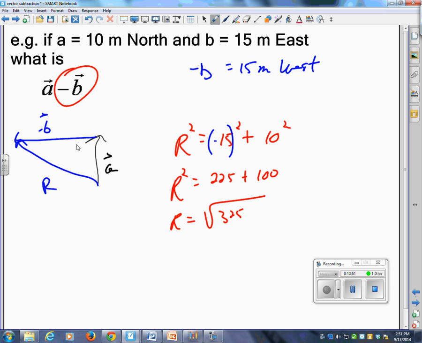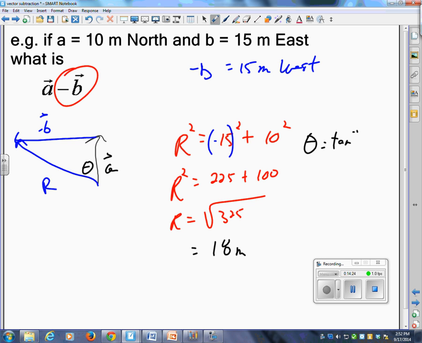So I need the square root of 325, somebody please. 18. Okay, so 18 meters. Am I done? No. You need an angle. When you go plus 10 and minus 15, plus 10 means up, minus 15 means to the left, but this 18 is somewhere in between, which is why we need this angle.